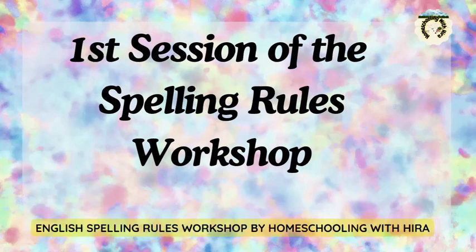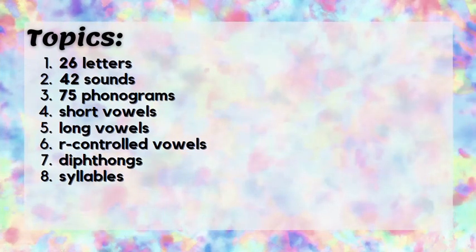So, it's the first session of the spelling rules, and here are the topics that we shall cover. The first thing will be talking about the 26 letters of English, the 42 sounds they make, 75 phonograms that English has, short vowels, long vowels, R controlled vowels, diphthongs, and syllables.